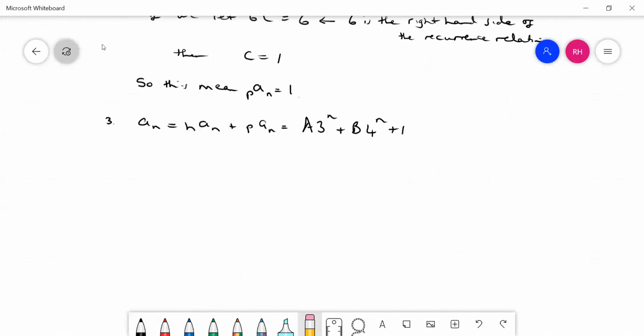Okay, so now the fourth thing, and you must leave this till the end, is to solve for A and B. And let's just go back to the initial conditions.